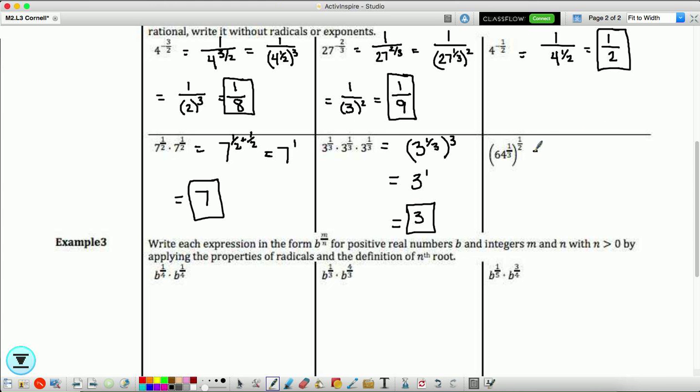This next one, I would probably recommend multiplying these exponents right off the bat. So you've got 64 raised to the 1/6 power, 3 times 2. And so here this is saying that you're taking a 6th root of 64. So the 6th root of 64. And this is where I would start to factor out.